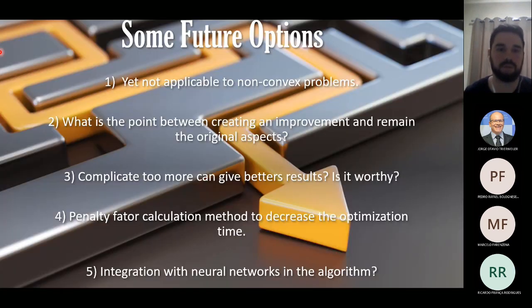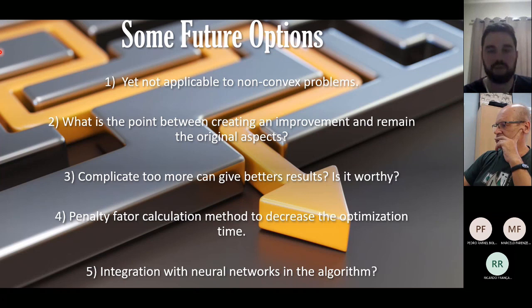Some future options for this: it is not yet applicable to non-convex problems, and we have to answer this question: what is the point between creating an improvement and remaining with the original aspects of the framework? Another question is, can a more complicated tumor give better results? Is it worthy? Number 4 is a penalty factor calculation method to decrease the optimization time.